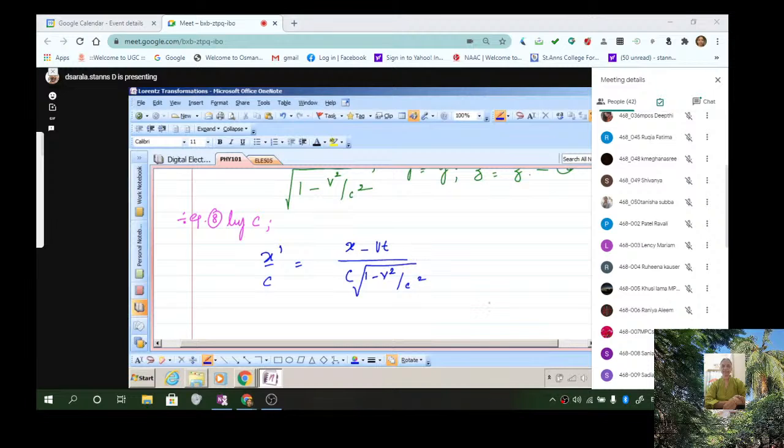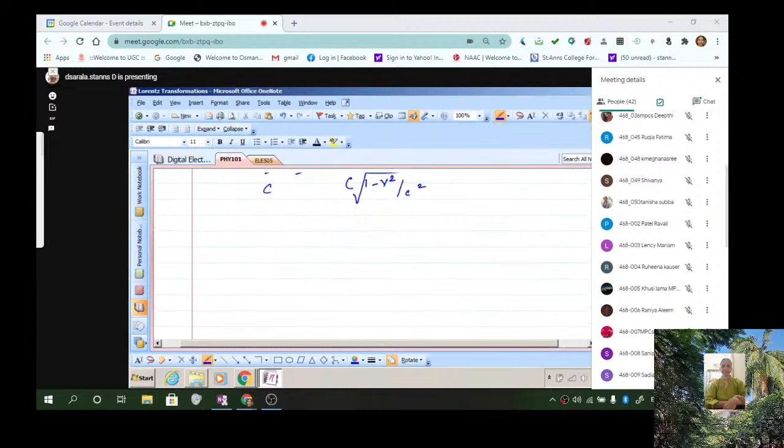Why am I writing this? Because once again we can use the previous relations. I can write x dash by c as nothing but t dash, because x dash was equal to ct dash, and x was equal to ct.